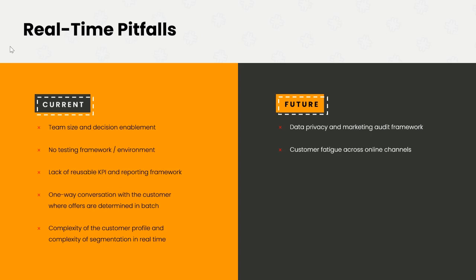I've already covered some of these pitfalls, but I'll cover them again here. Some of these are new, some of these I haven't covered. First is the team size and decisional enablement. We really want the organization to start out with a multifaceted team. Someone from the legal department, someone from the data department, someone from the channel.